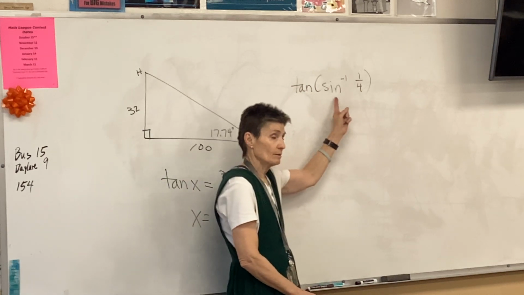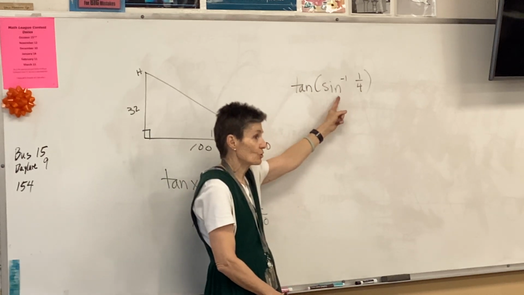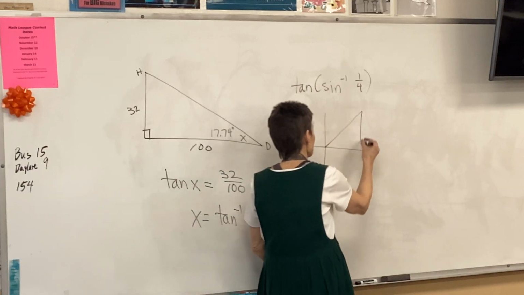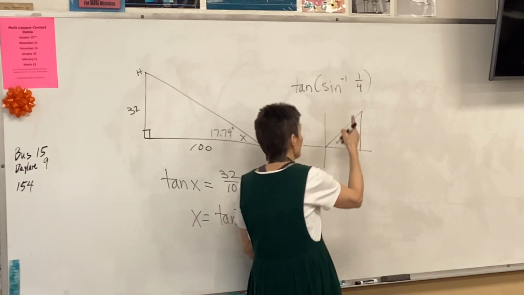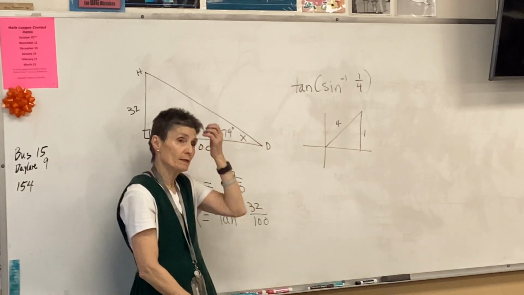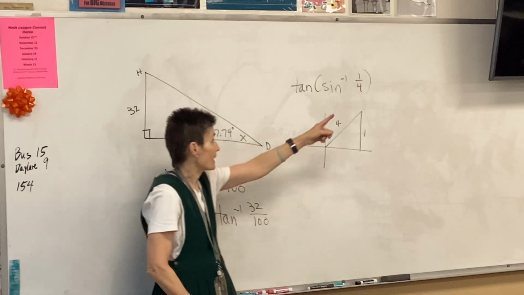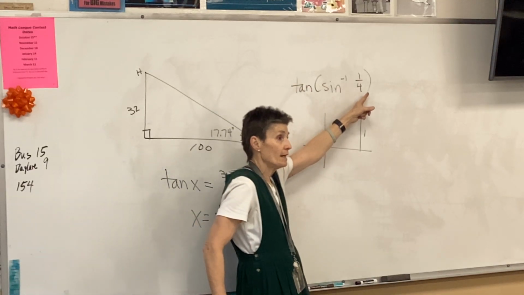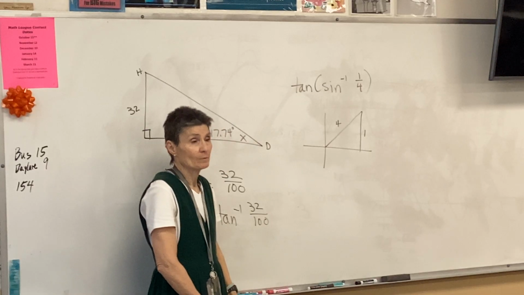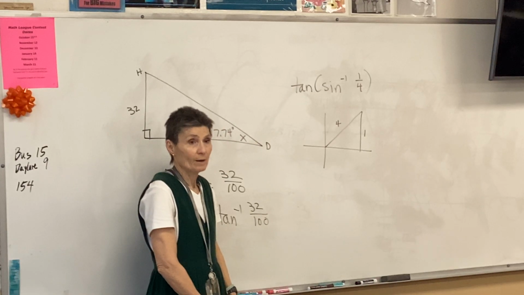I start right here. I'm going to draw a picture of a triangle that has an angle with a sine of 1/4. Now, why did I put it in quadrant 1? Because that's a positive number. And every time that's a positive number, it goes in quadrant 1. Right?